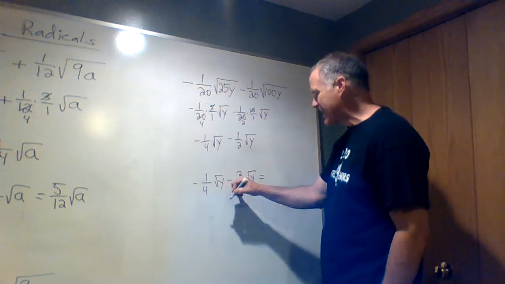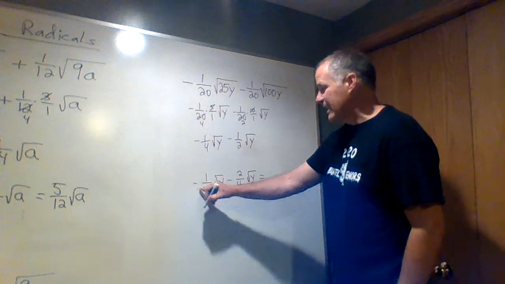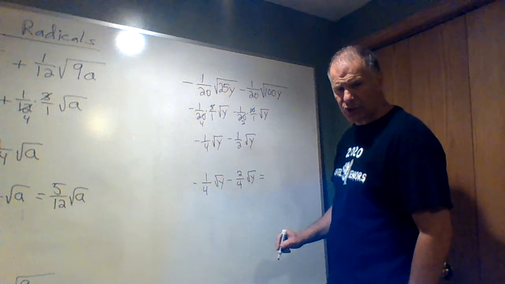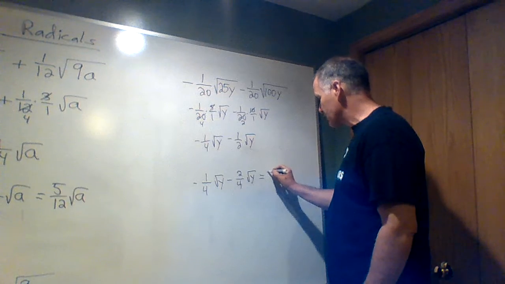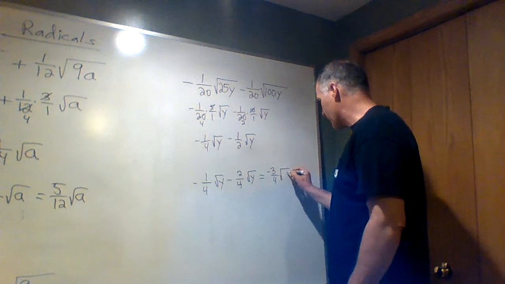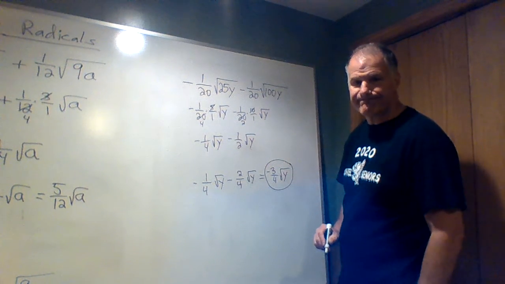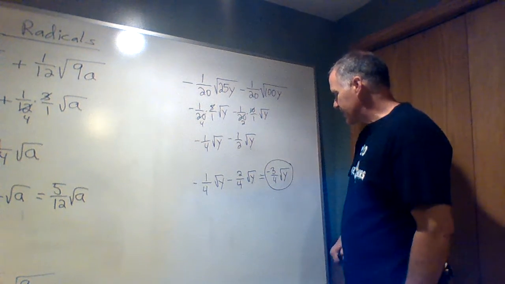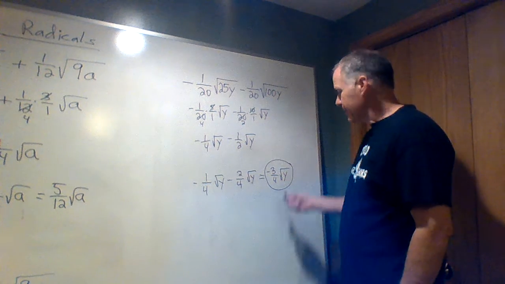You're going farther down the negative. I know the way this looks maybe is a little confusing, but they're going to actually add. So negative 3/4 radical y. Boom. That's the answer. Negative 3/4 radical y is the answer.